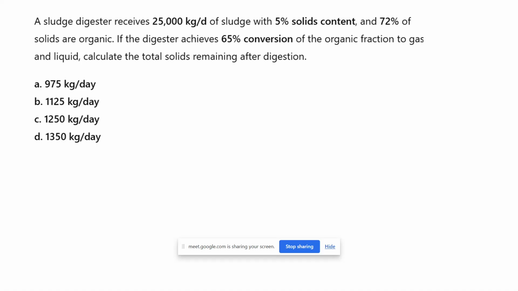In this, 5% is solids and 95% is water. Specifically, 72% is organic and the remaining 28% is inorganic or fixed.